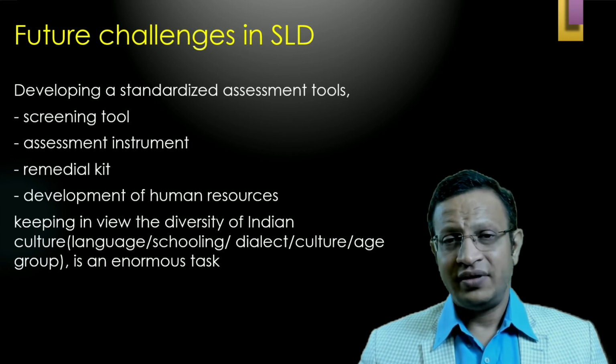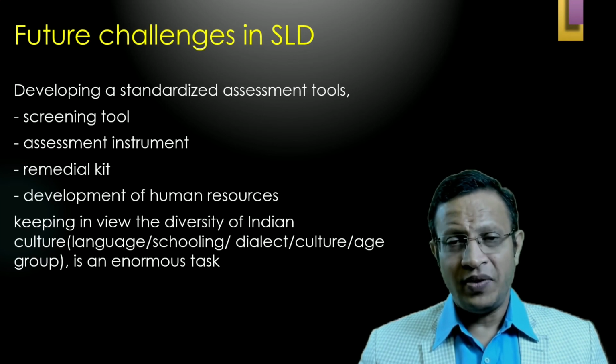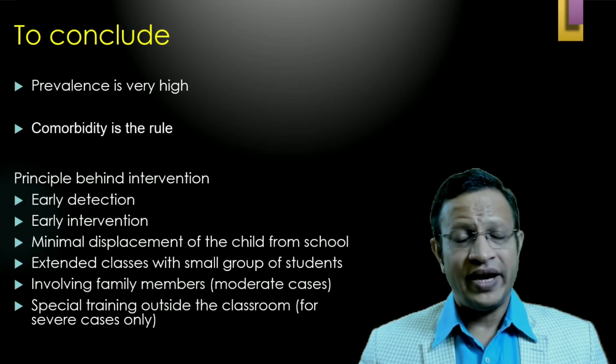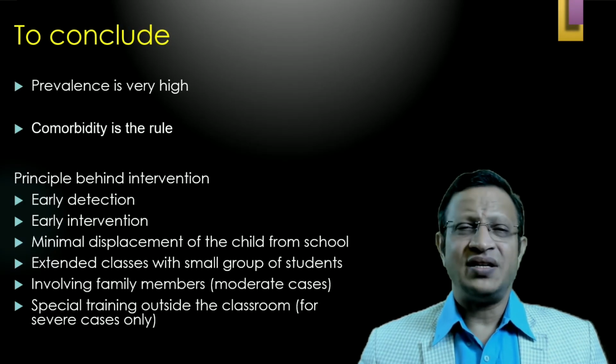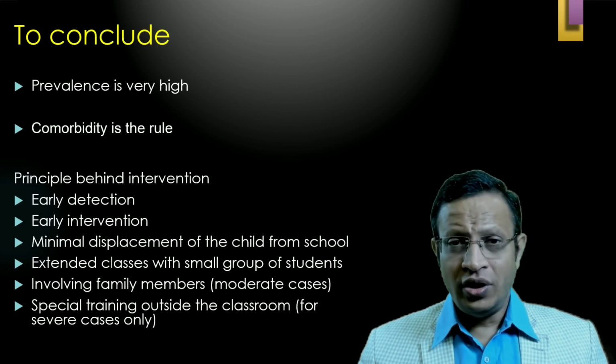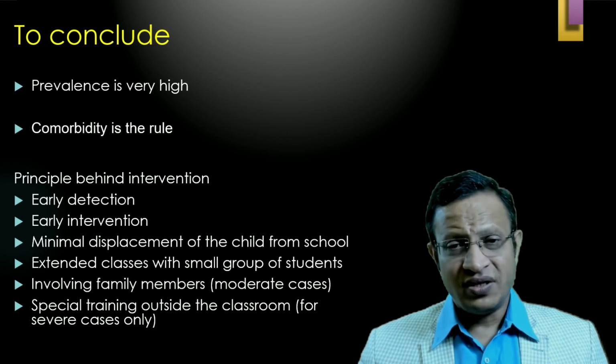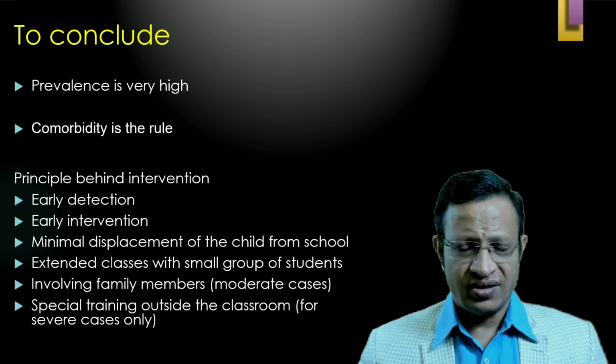And if 10% of them suffer from SLD, somewhere around 2 to 3 crore children have SLD. To conclude, my dear friends, the prevalence of SLD is very high. Comorbidity is the rule. During your assessment, check for comorbidity. 70% of the SLD children have various internalizing or externalizing disorders.